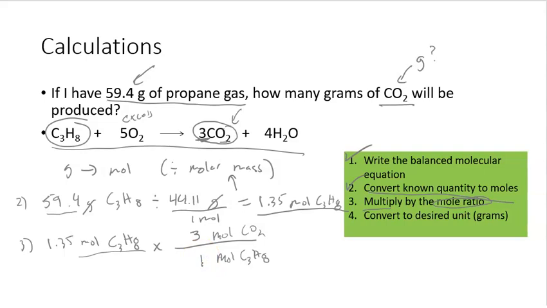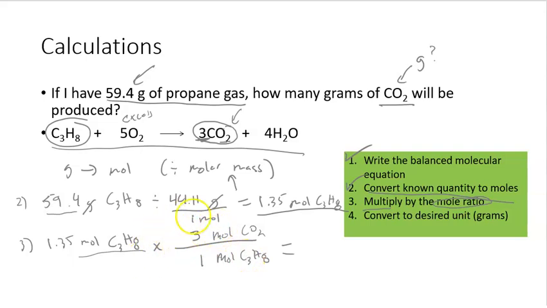All right? So what I do in my calculator at this point is multiply 1.35 times 3 and then divide, in this case by 1. So it's sort of a redundant step there. But if this were a 2, for example, I would go 1.35 times 3 and then divide it by 2. So that is our mole ratio, 3 moles of CO2 for every 1 mole of propane, right?